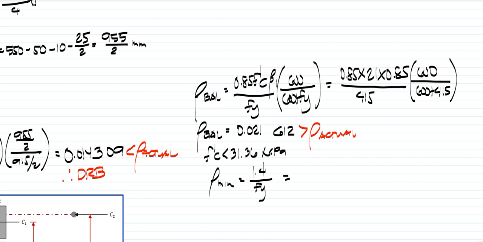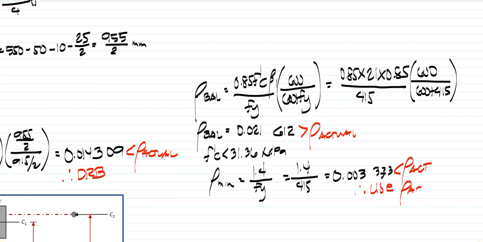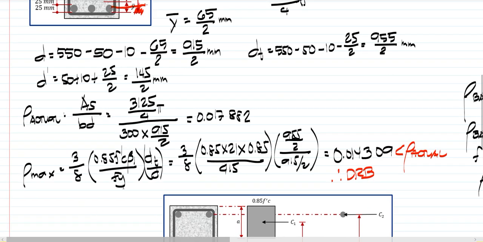So, that will be 1.4 over 415, which is approximately 0.003373. So, that is lesser than our rho actual. Therefore, it follows the code and we have to use the rho actual. So, we have no problem on the part of our designed beam with regard to the steel ratios.